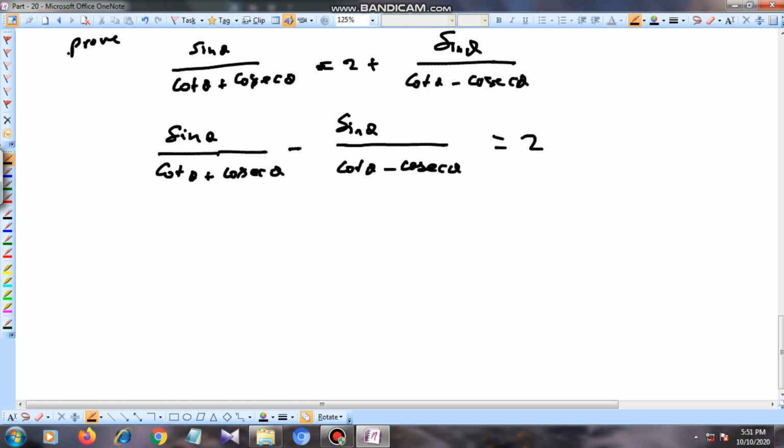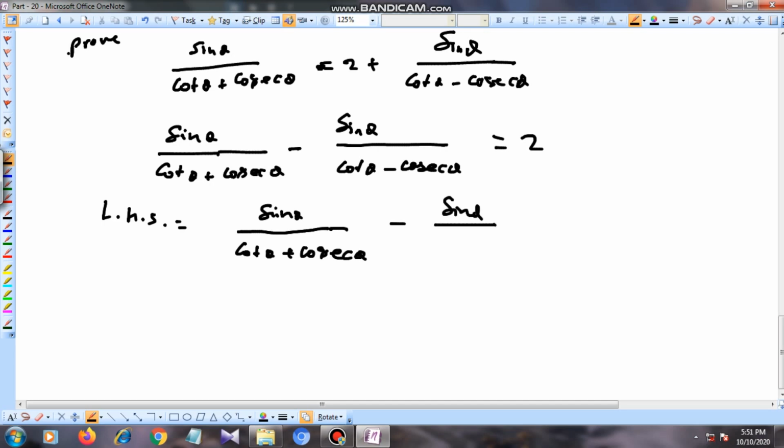Now this question can be changed in this form. Then taking LHS equal to sine theta upon cot theta plus cosec theta minus sine theta upon cot theta minus cosec theta.